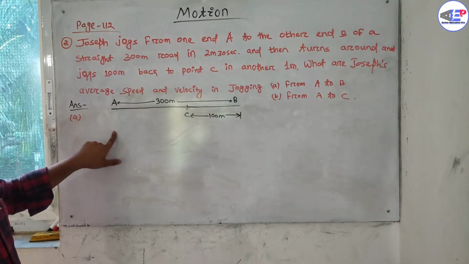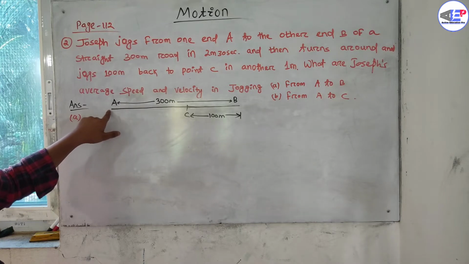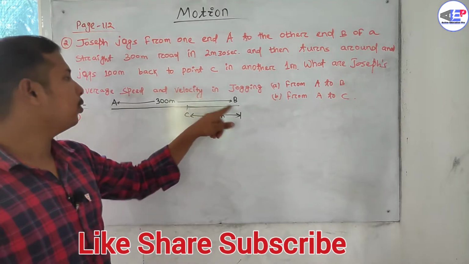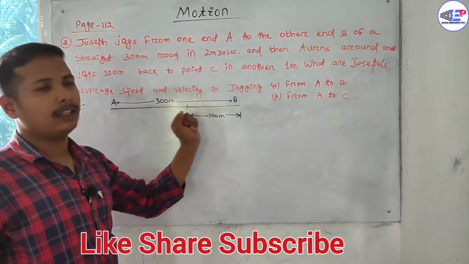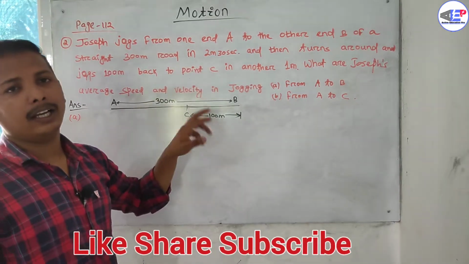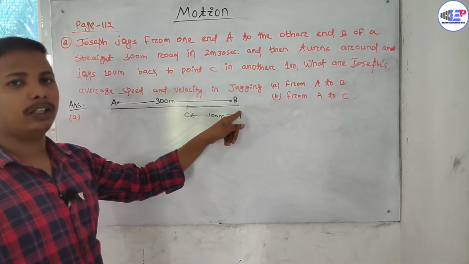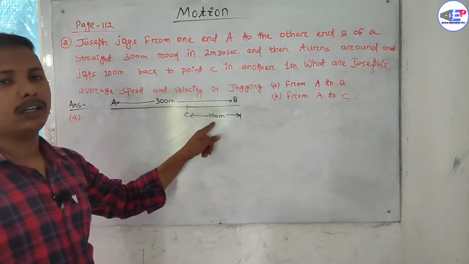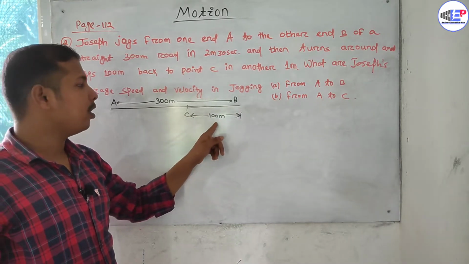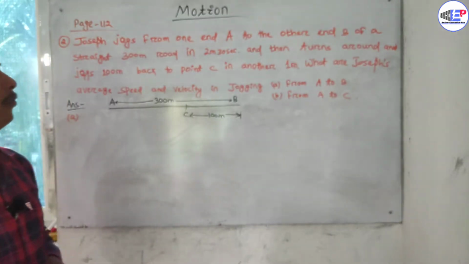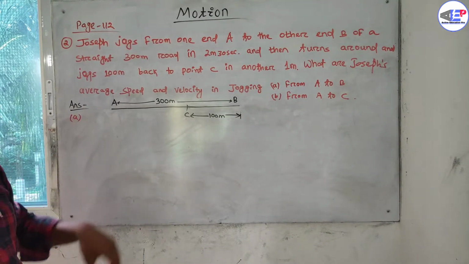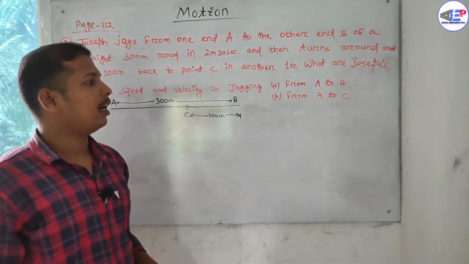Let Joseph start from point A and go to point B, which is 300 meter apart, in 2 minutes 30 seconds. Next, he turns from point B and returns to point C in 1 minute, which is 100 meter apart. We have to find out the average speed and average velocity from A to B and from A to C.